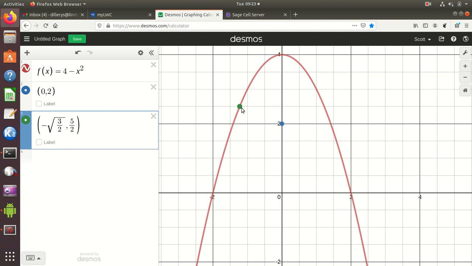Okay, so there's that point, and then if I copy that with a Control-C and use a Control-V to paste it, and then get rid of the negative. So there are my 2 points, and that is supposed to be a distance of square root of 7/2.